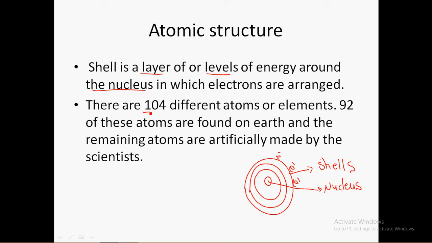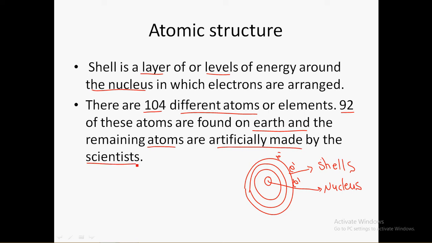In total there are 104 different atoms. 92 of those elements are found on the earth. On the surface of the earth, 92 are found. The remaining atoms or elements are artificially made by scientists in the laboratory.